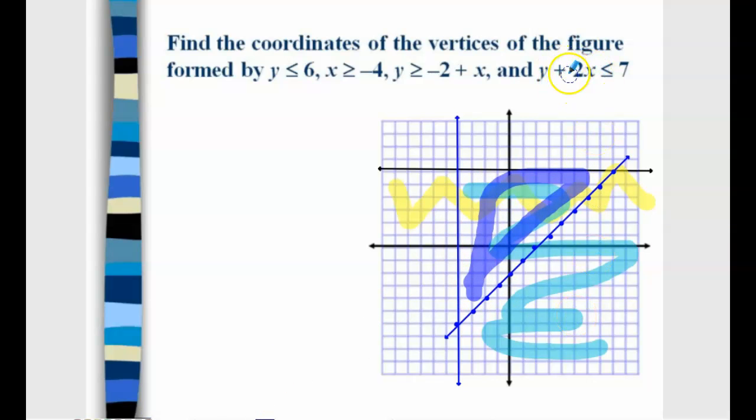And one last line where you'd subtract your 2x, your y-intercept is 7. And my slope is 2, so you're going to go down 2 and over 1 until you intersect this line here.